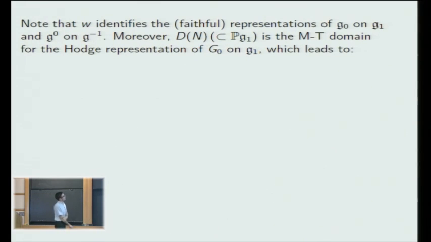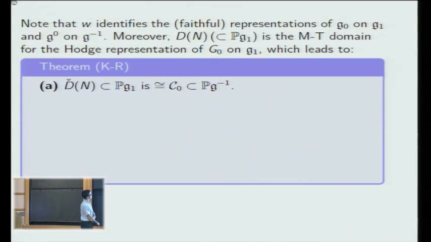So note that w identifies the faithful representations of G_0 on G^1 and G_0 on G^{-1}, the weight and the Hodge. And that's sort of the key to what I think of as the main result on boundary stuff in our paper. And it goes like this.